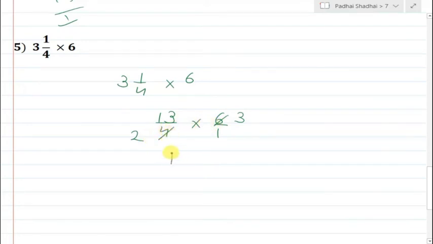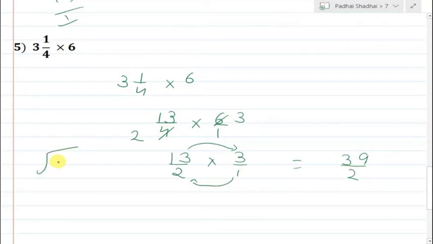So let us write down 13 by 2 into 3 by 1. Okay, so 13 into 3 we have to multiply, and 2 into 1. 13 3s are 39 by 2. Now we will convert it into a mixed fraction.